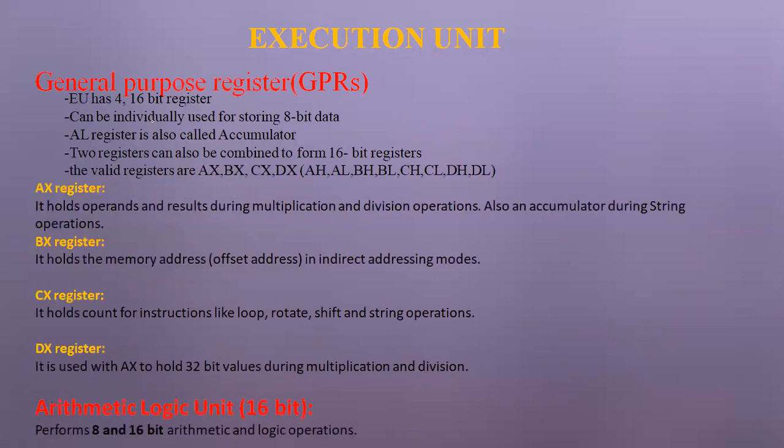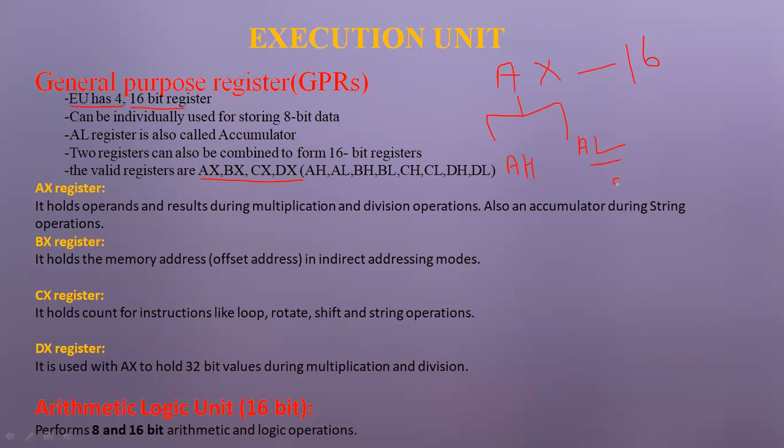So general purpose registers. There are 4 general purpose registers, each of size 16 bit. So here they are AX, BX, CX and DX. One AX register is 16 bit. It can be divided into two 8-bit registers, AL lower and AH higher. The maximum size of the AX register is 16 bit.